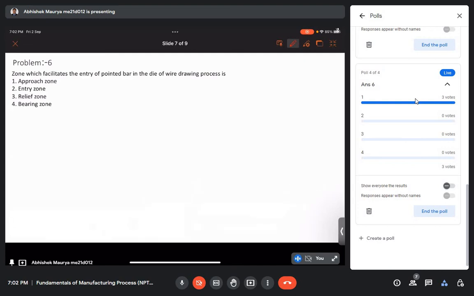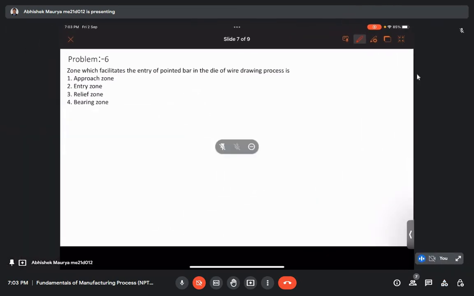Okay, I have a few responses. One of you has got the correct answer. Let's try to discuss it together. So let's try to see the schematic diagram of the wire drawing process.